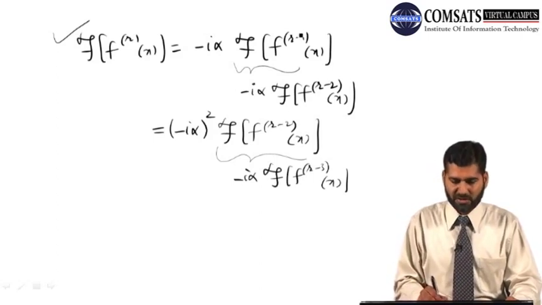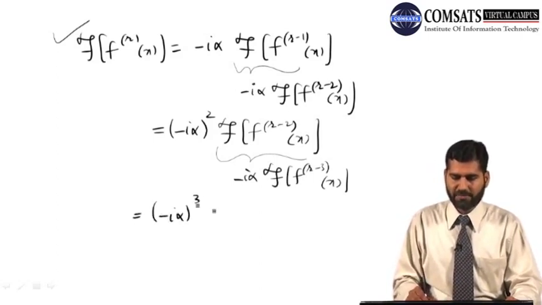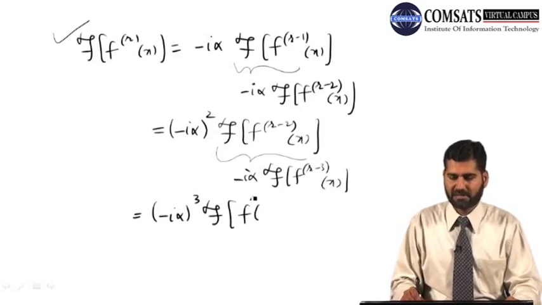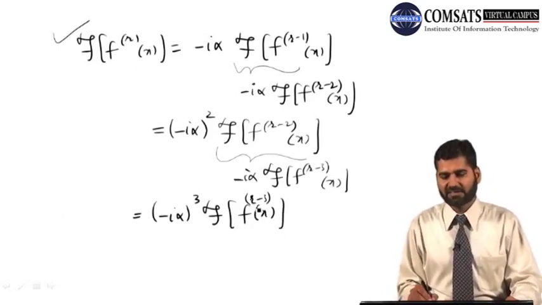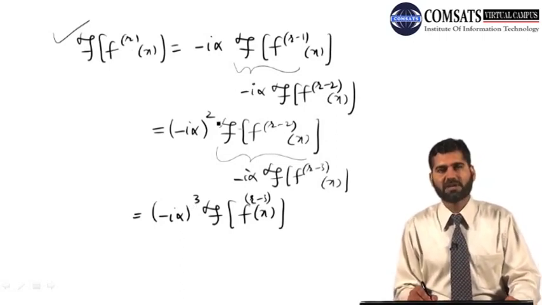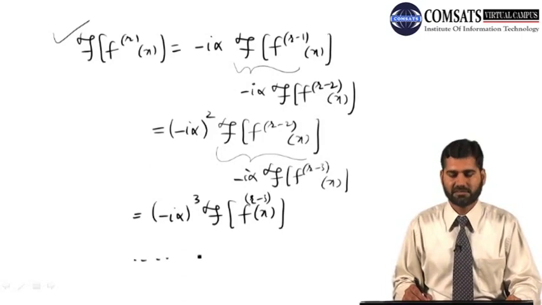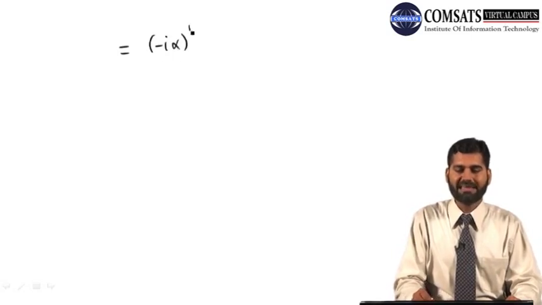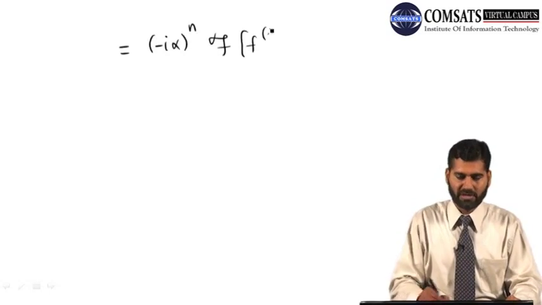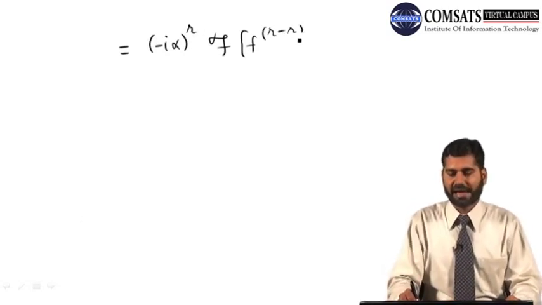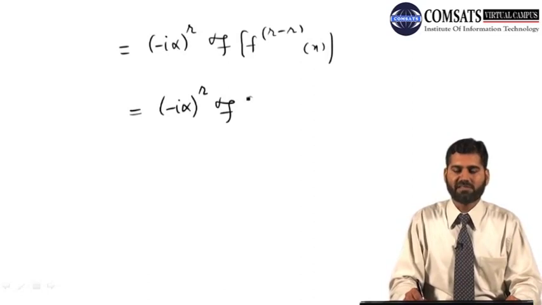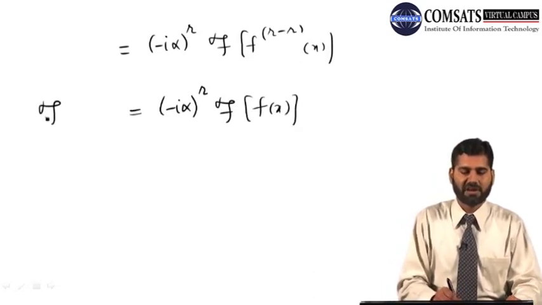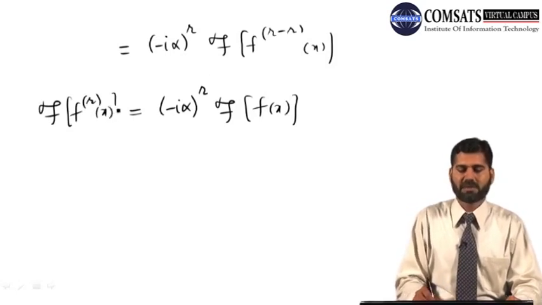So now the answer is minus iota alpha cubed times f^(r minus 3)(x). If I carry on in this manner, what I will get is minus iota alpha to the power r and the Fourier transform of f^(r minus r)(x). And r minus r means no derivative: f^(0) means f as it is. So the Fourier transform of f^(r)(x) becomes minus iota alpha to the power r times the Fourier transform of f.